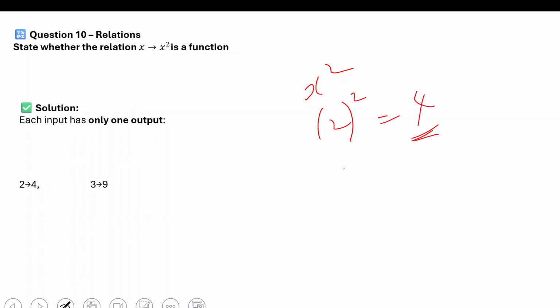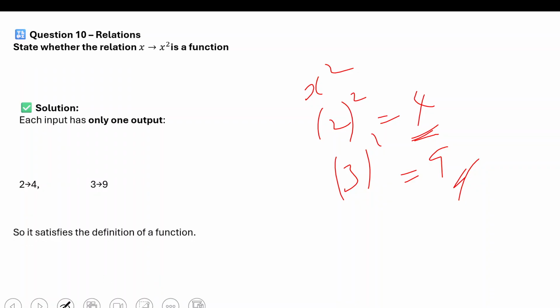If I put 3 where I see x, I will have 9, only one output. So for you to get what a function is, each input will give us only one output. All right. So this satisfies the definition of a function. So final answer, this is a function.